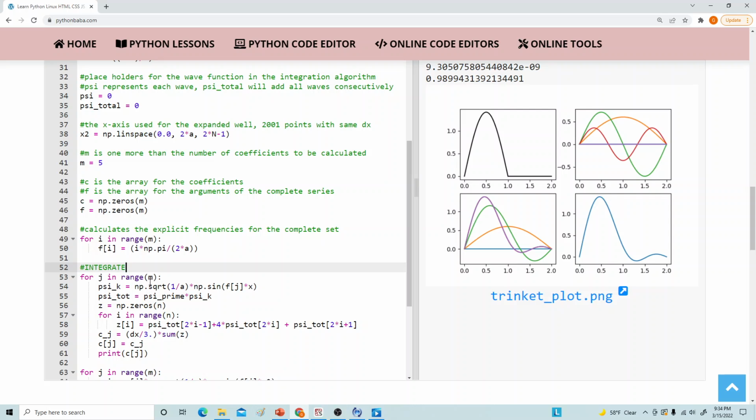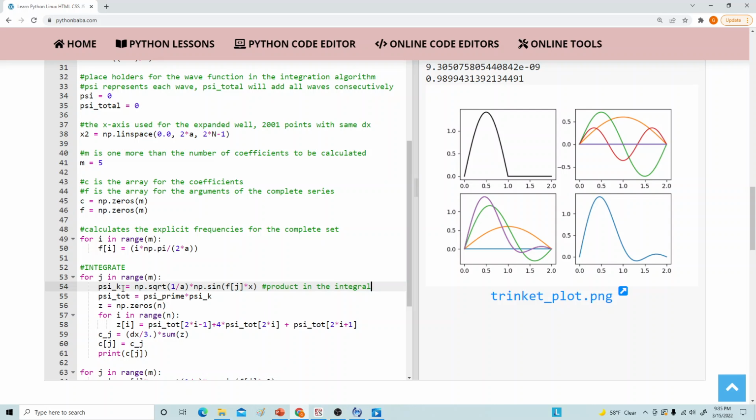So M equals 0, M is 1, M is 2, M is 3, and M is 4. When M equals 5, it would go from 0 to 4. So this line right here is going to represent the product in the integral.